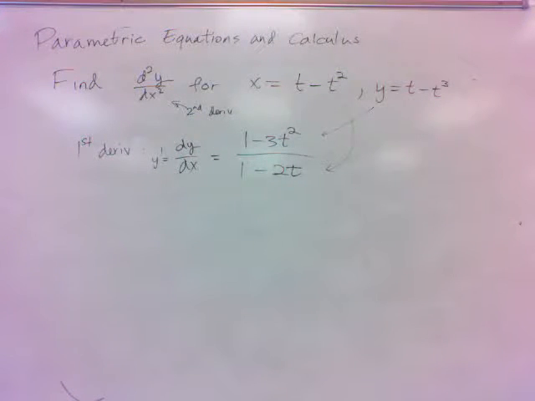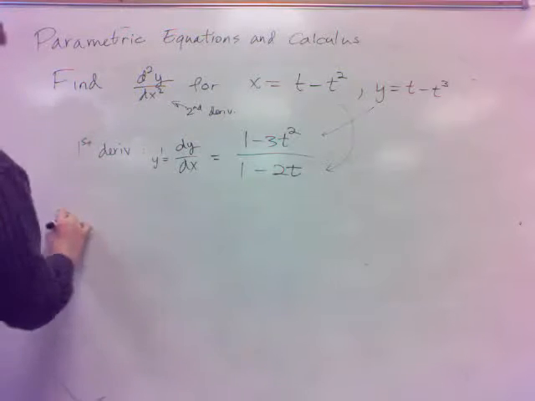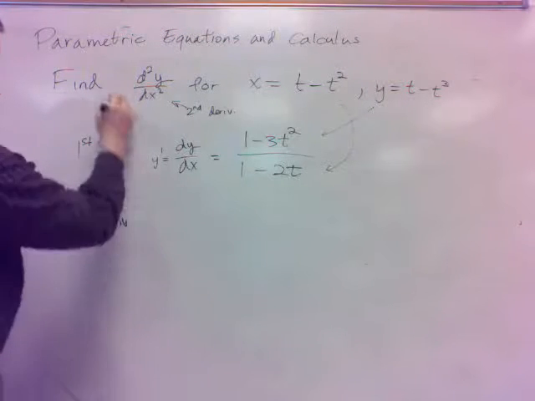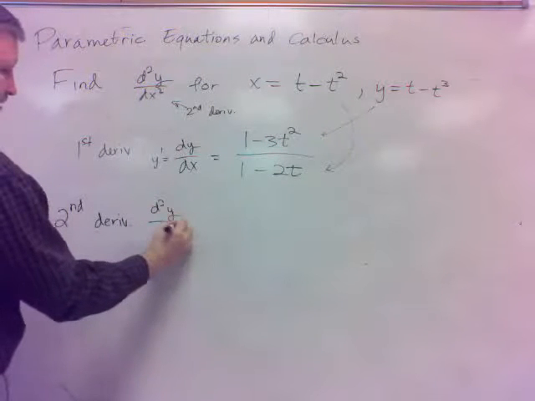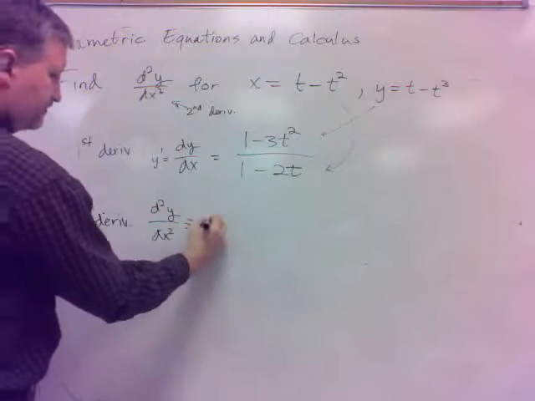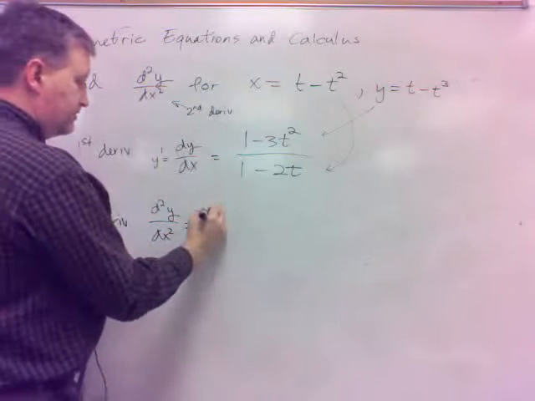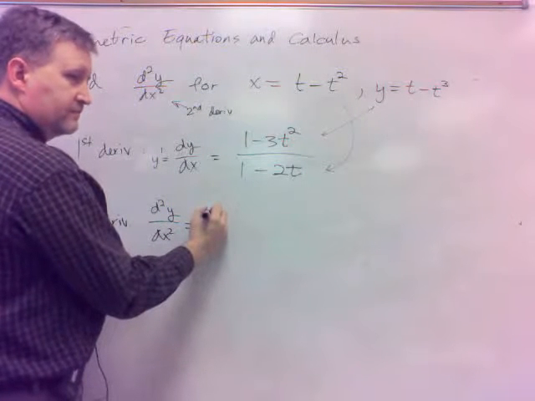It gets a little trickier for the second derivative. So the second derivative, here's what I do. The second derivative, d squared y dx squared, I don't know if you can draw that, but think of it, write it if you want to, in terms of y prime.